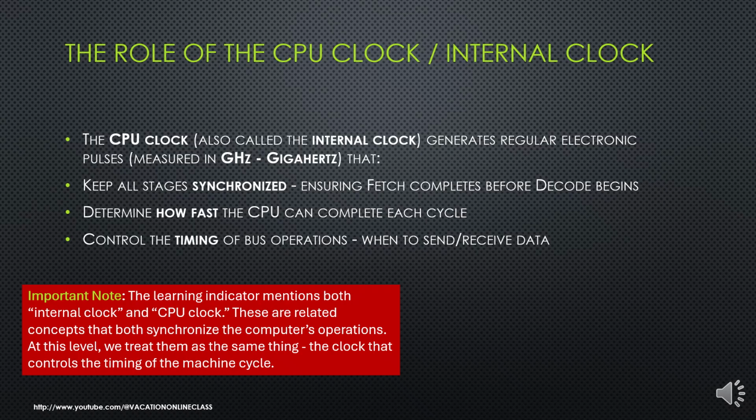The CPU clock, sometimes called the internal clock, acts like a digital metronome. It generates highly regular electronic pulses. The speed of these pulses is measured in gigahertz, which means billions of pulses every second. These pulses ensure the entire operation is synchronized.